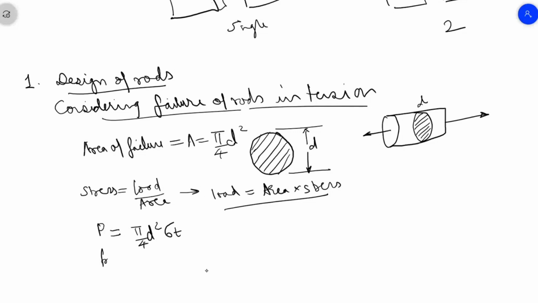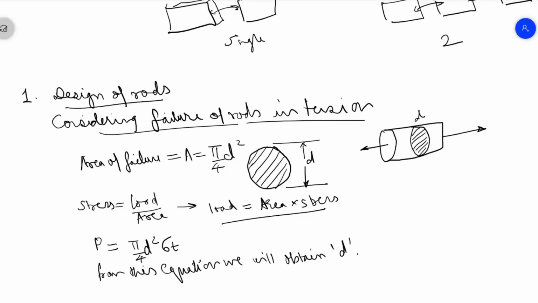So from this equation, we will obtain the value of d. Is this clear to all of you? This one is called the failure sketch.